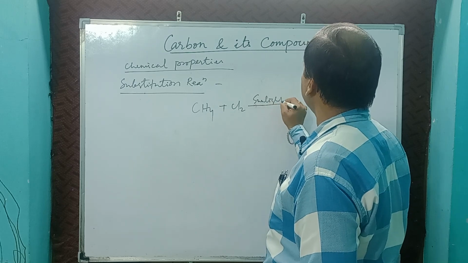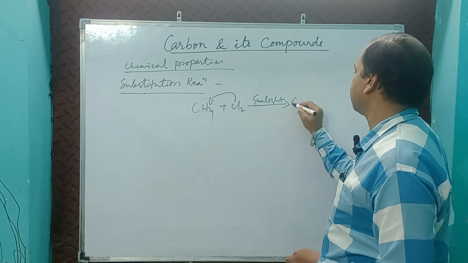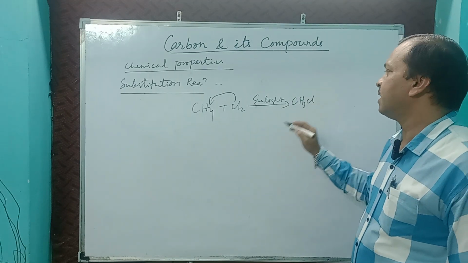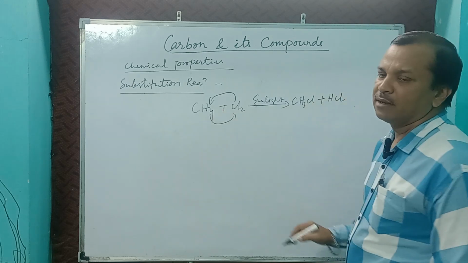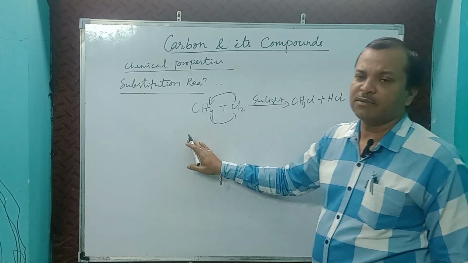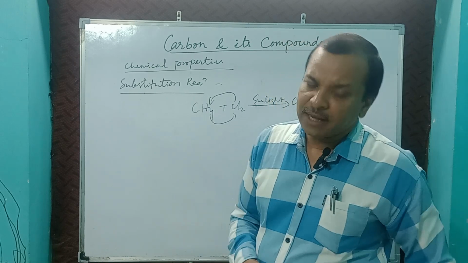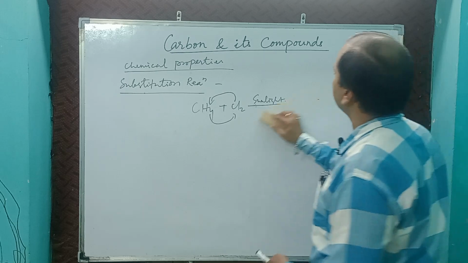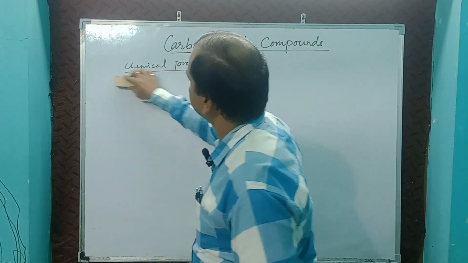One chlorine will attach here, and we will get CH3Cl and HCl. Is it clear? In presence of sunlight, saturated hydrocarbons can react. Out of these 4 reactions, one reaction will definitely come, so go through all these reactions.